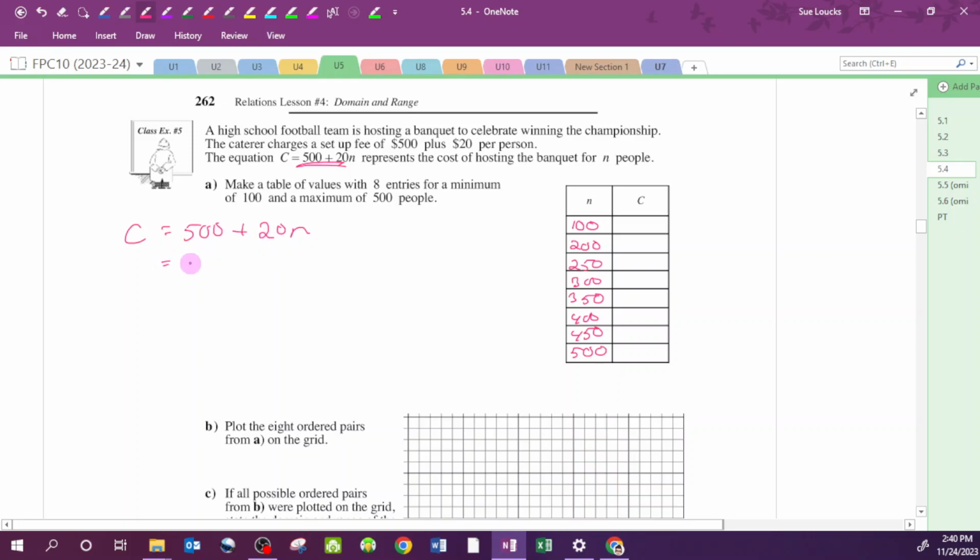So that equals 500 plus 20 times 100, which gets me 500 plus 2,000, which gets me 2,500. So that's what I'm going to put in for the cost.